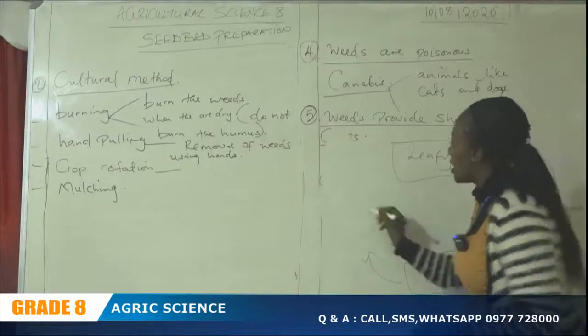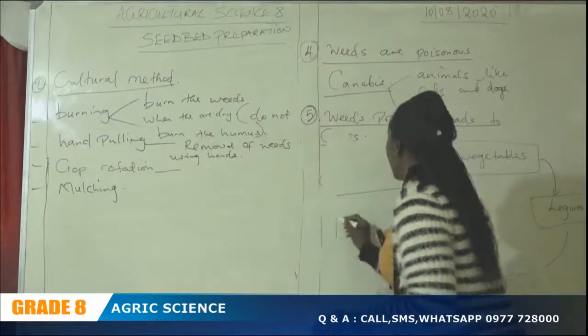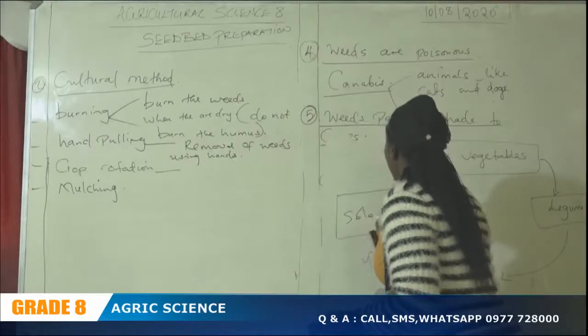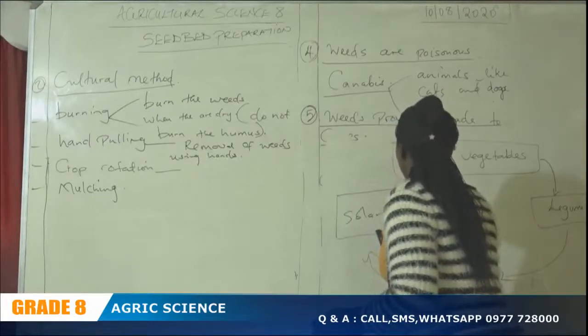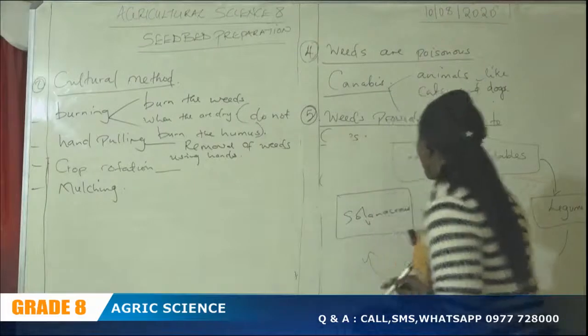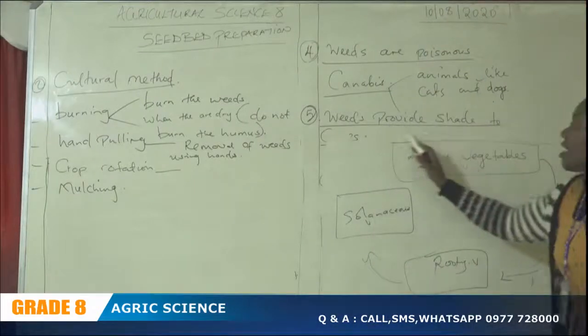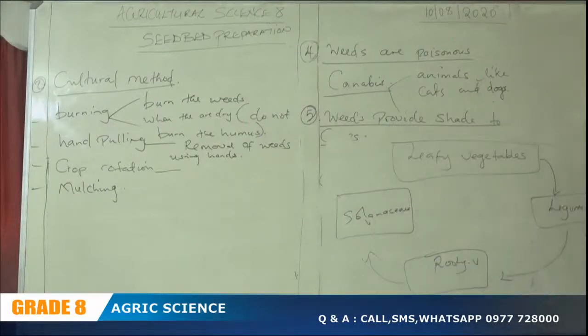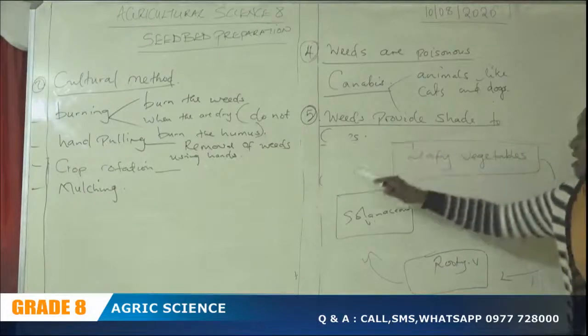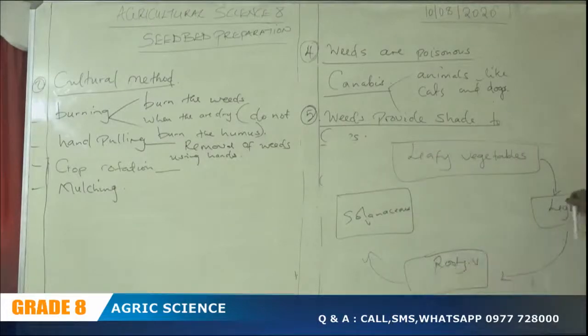Then there we had solanaceous vegetables, okay? So what I have done here, I have rotated the crops. It's a vegetable rotation, okay?